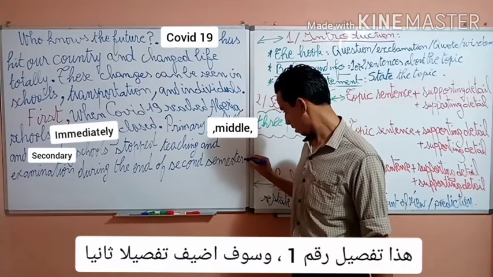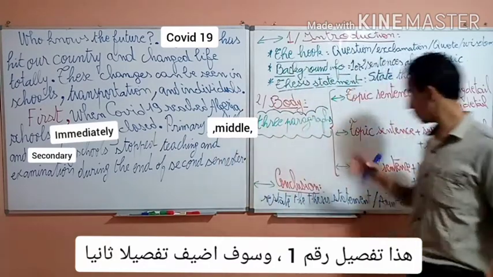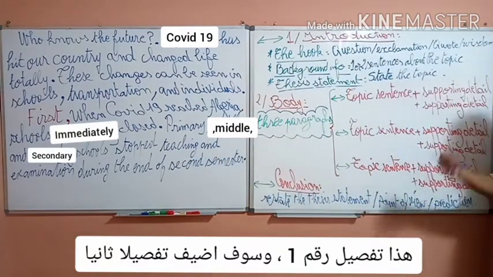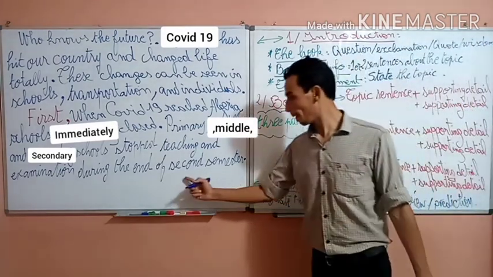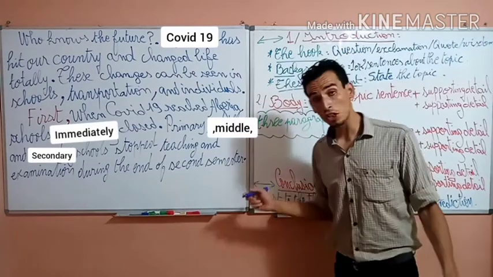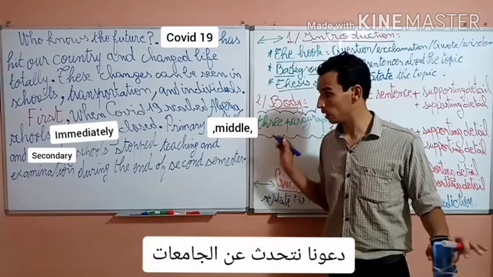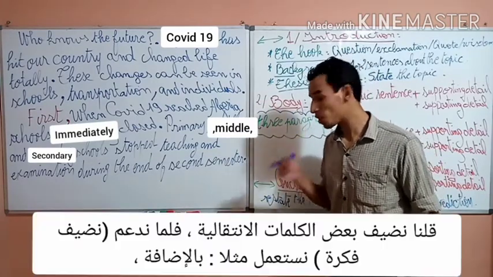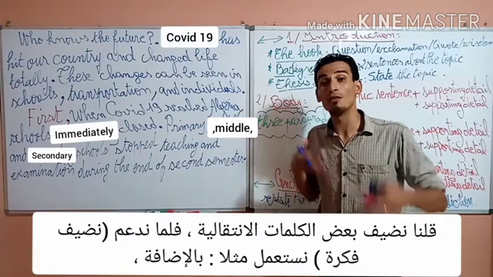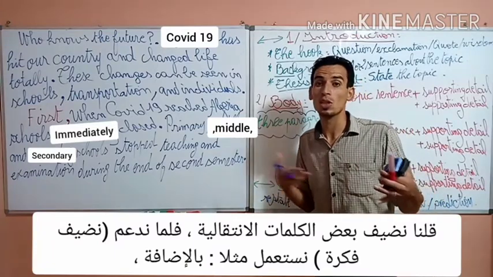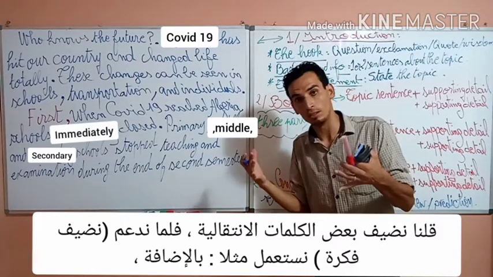This is supporting detail number one. So I add another supporting detail. Let's speak about universities, okay? We said we use some transitions. For example, when we reinforce, we say in addition.